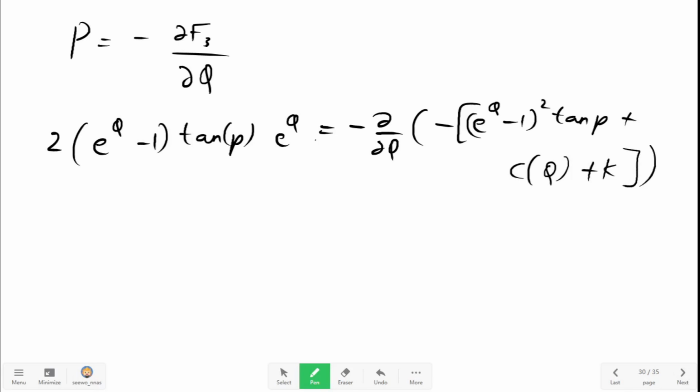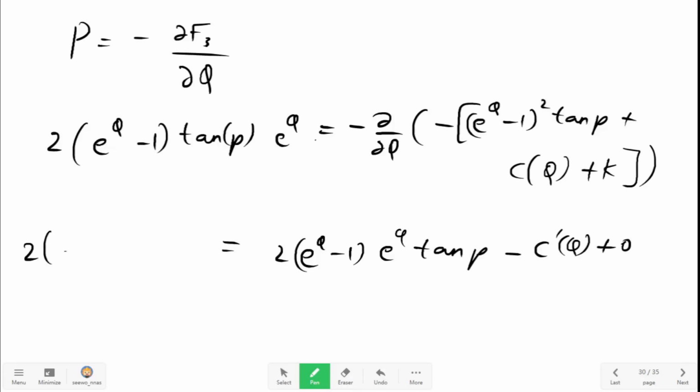Now let us do the differentiation on the right hand side. Then we will get 2 e raised to Q minus 1 times e raised to Q tan p minus c dash of Q, and the derivative of the constant is 0.